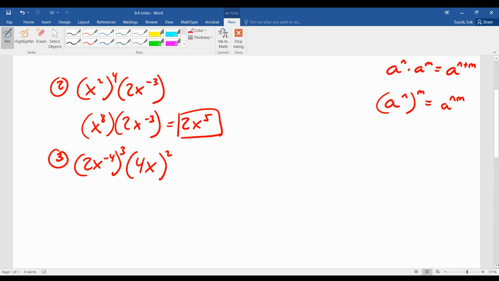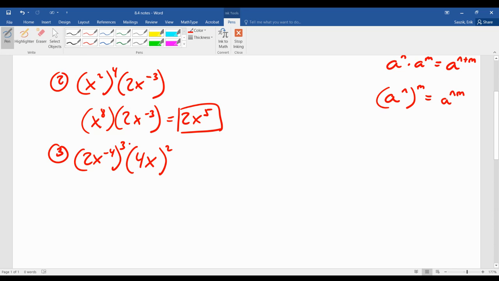So handle those outer exponents first. Apply this 3 to the 2. Remember, the 2 is just a plain number, so don't do 2 times 3. It's 2 to the third power, which is 8. Here you're multiplying, and you get negative 12. 4 is a plain number, so do the exponent. You get 16. This is an invisible 1 here. 1 times 2 is 2.